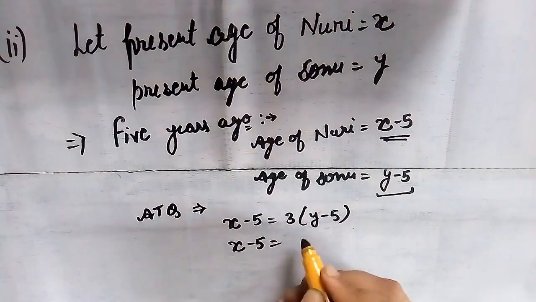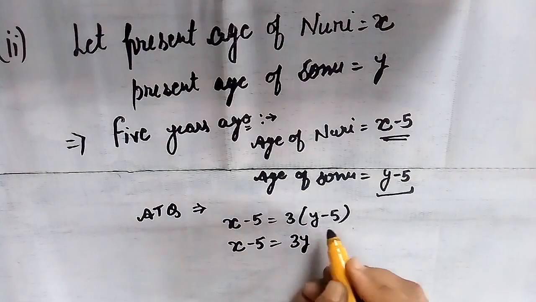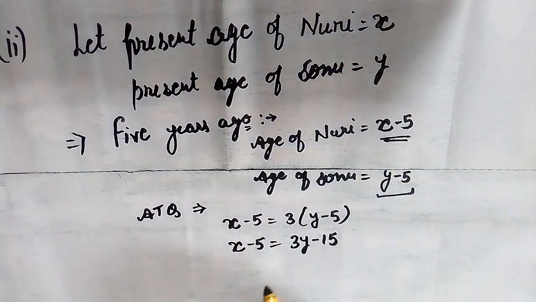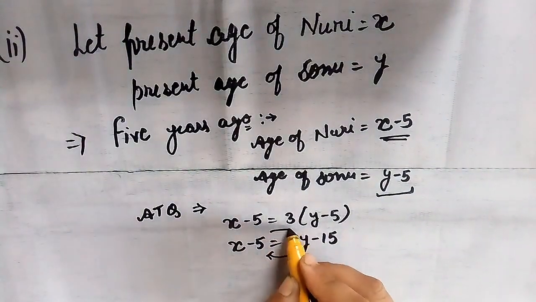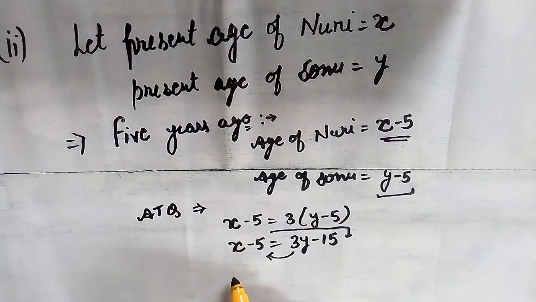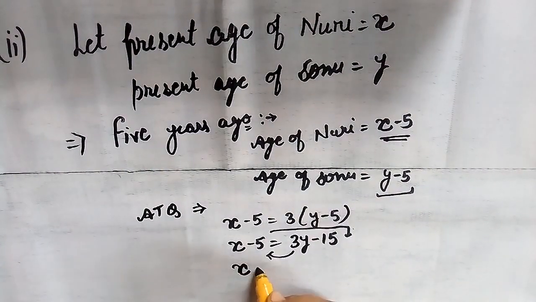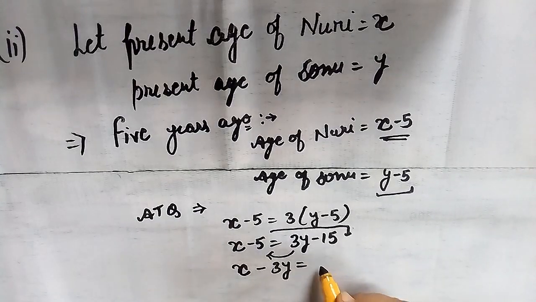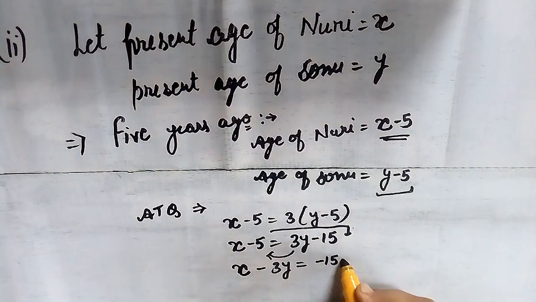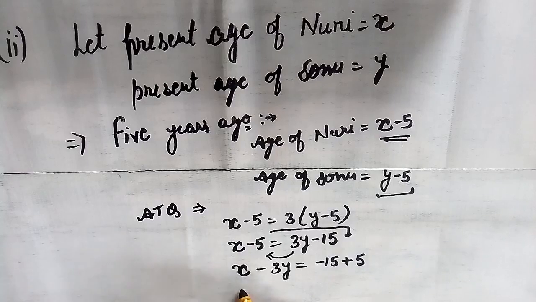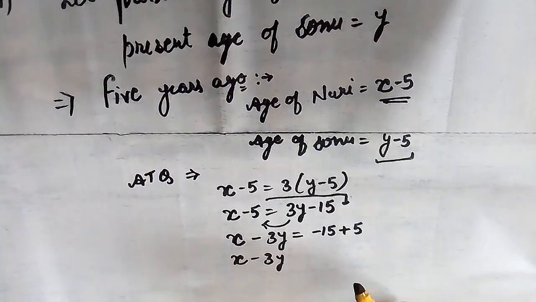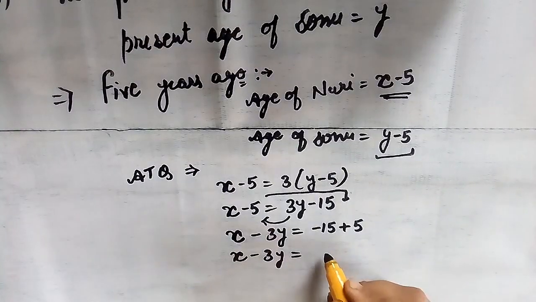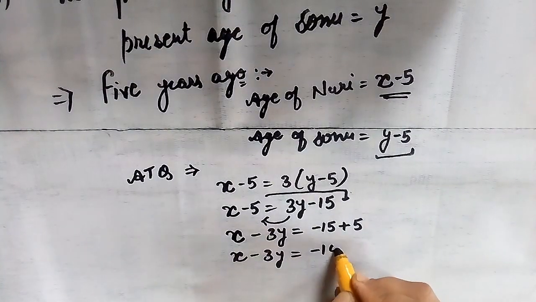And x minus 5 will be equal to 3 multiplied by Sonu's age, that is y minus 5. Simplify it. x minus 5 as it is, 3 into y, 3y minus 3 5s are 15. Now bring 3y to the left and take minus 5 to the right. It will become x minus 3y equals minus 15 plus 5. x minus 3y will be equal to minus 15 plus 5, which is minus 10.